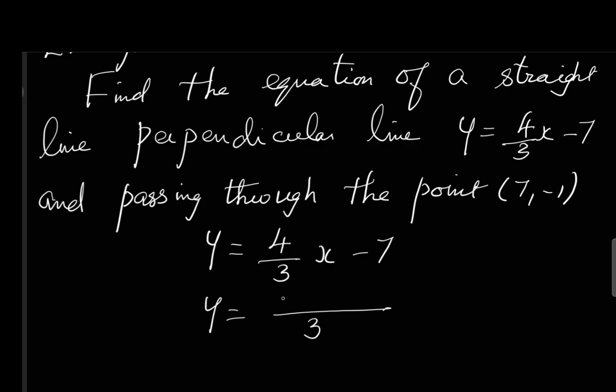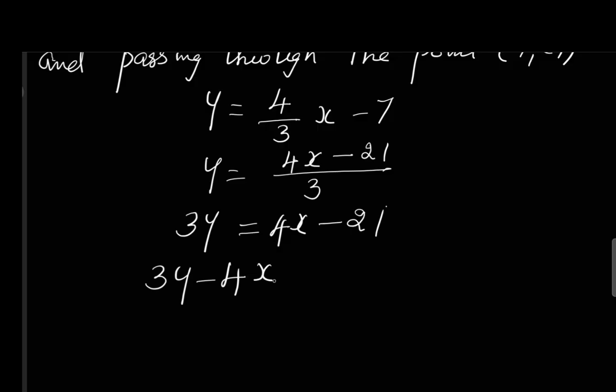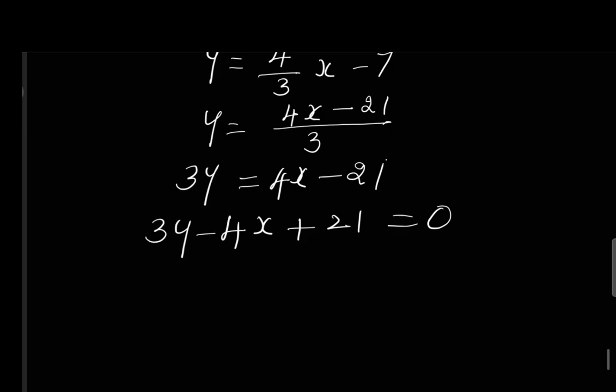So 3 goes here one time, so just 4x minus 3 7s are 21. Cross multiply, 3y is equal to 4x minus 21. So 3y minus 4x plus 21, you bring all to the left side, is equal to 0.